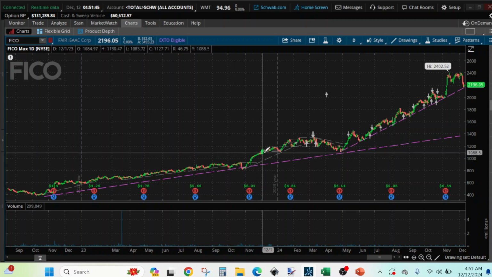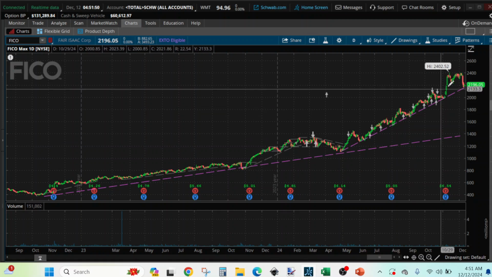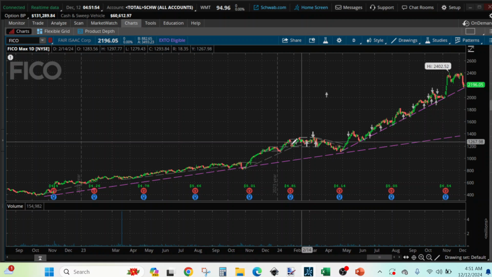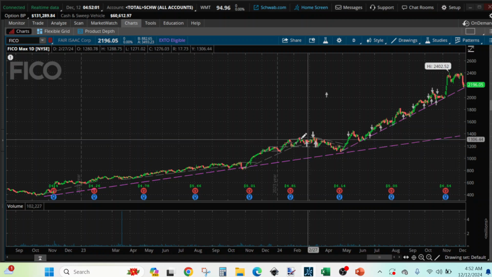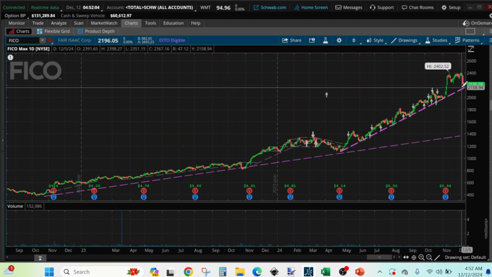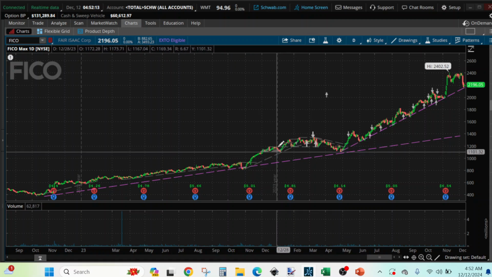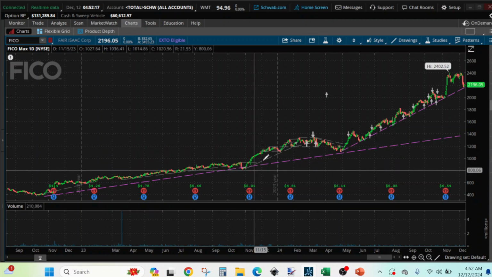And I was thinking that it could repeat that same process here all the way to probably January, February as well, before it will try to come back to this line here. So for that reason, I wanted to buy it at that trend line to see if we can make some profit on it for about a month or so before we exit it.